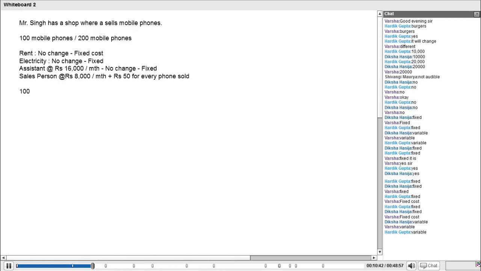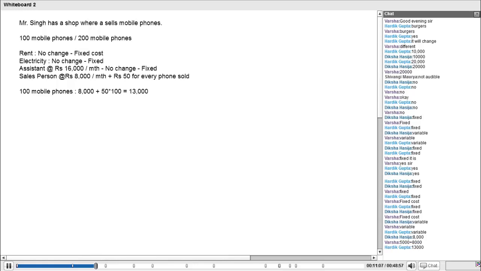So when he sells 100 mobile phones, how much does he need to pay the salesman? 8,000 per month is his fixed cost plus 50 for every phone sold. So this is 8,000 plus 5,000, which is 13,000.